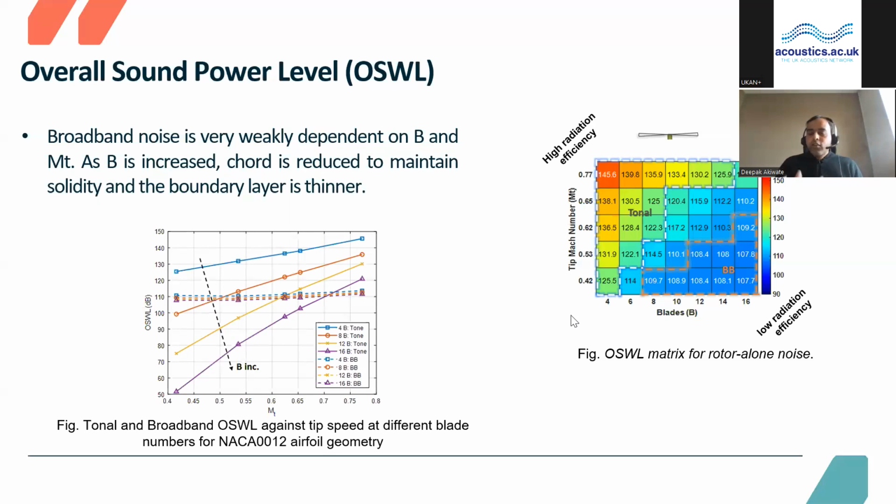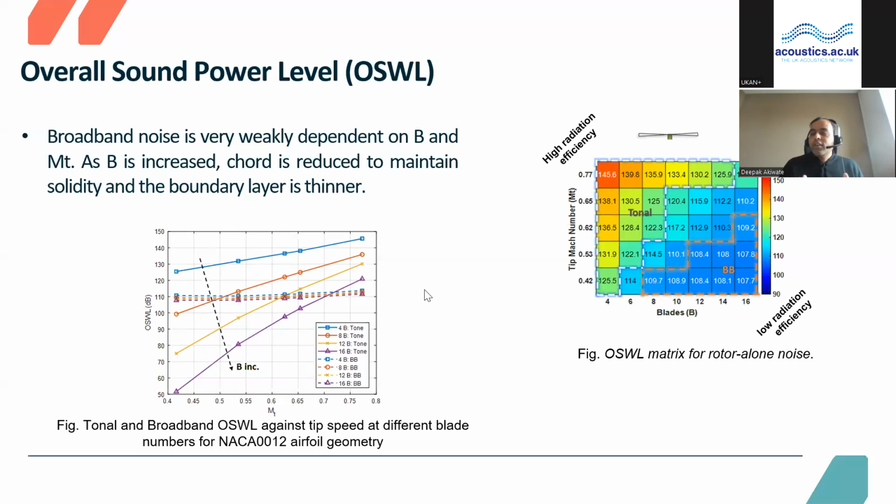To look at this in more detail, I have taken vertical sections of this 2D graph and shown them in the bottom figure, where you can see that with an increase in the blade number, the tonal noise is reduced drastically, but the broadband noise does not change much with respect to the blade number as well as the tip speed. This is because as we increase the blade number, we are reducing the chord.